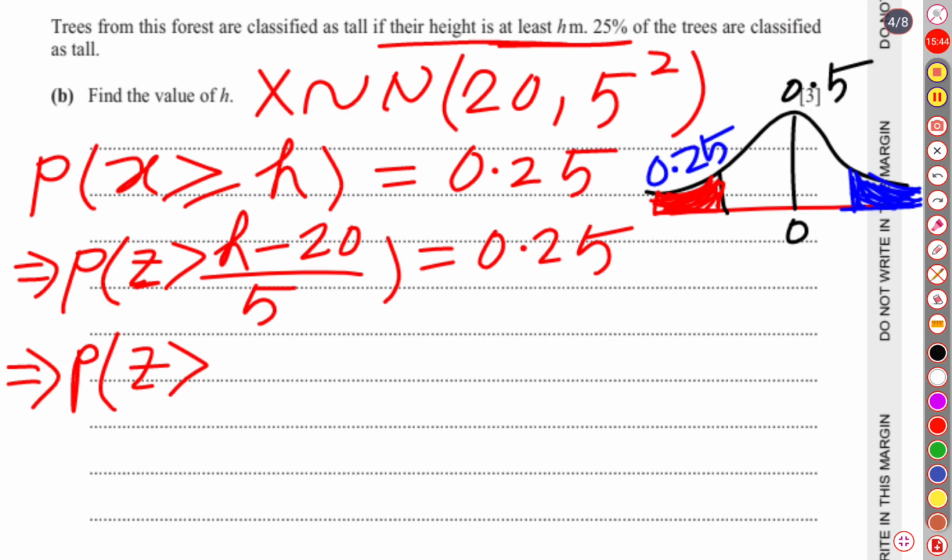So the z score here must be h minus 20 over 5. So this point of z score is this. And here it is going to be h minus, it must be negative. So we will have to write negative.